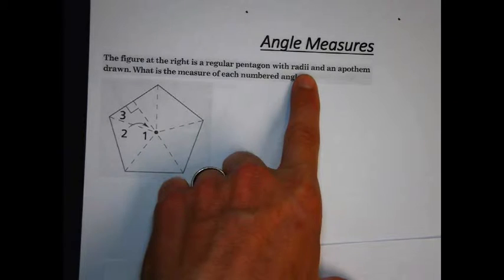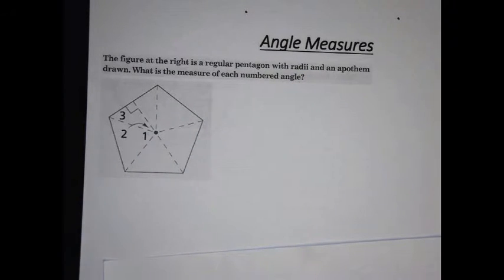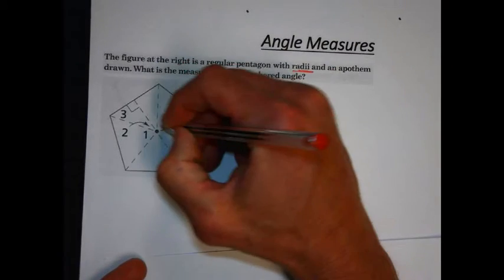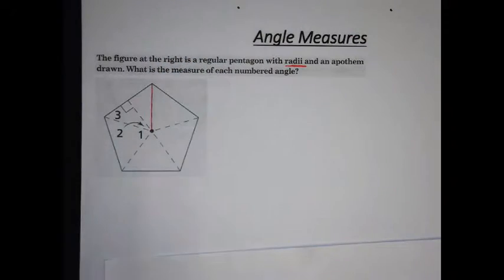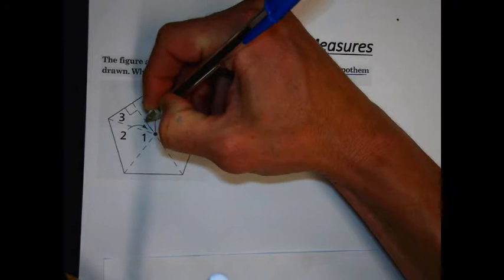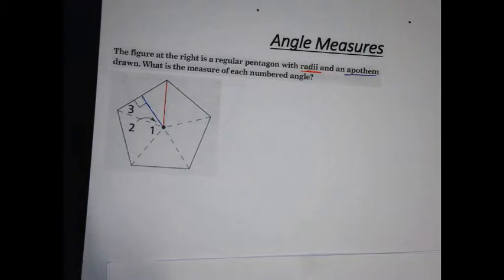It has radii and an apothem drawn. We have to know the difference. The radius, remember, goes from the center to the vertex. The apothem, I'll put in blue, goes from the center to the side. So we must see the difference between the radius and the apothem.